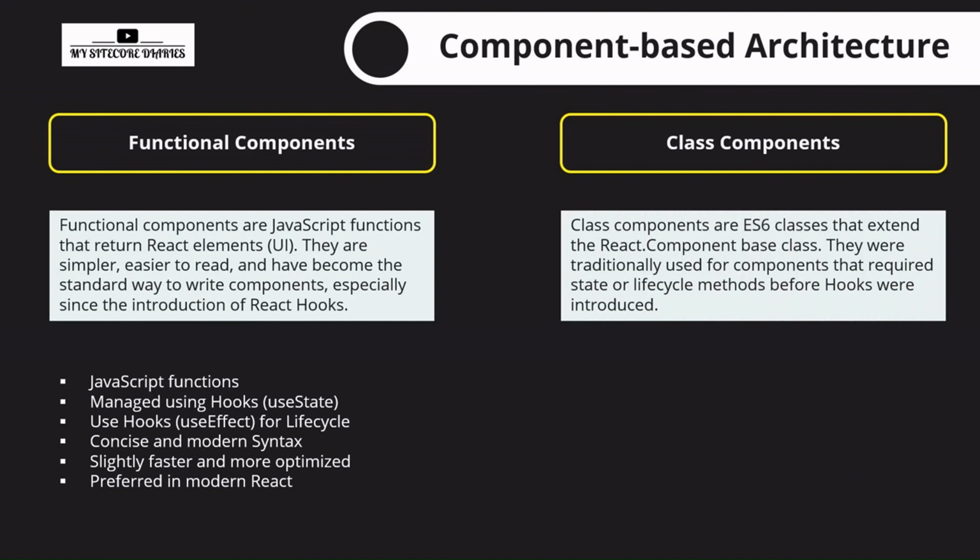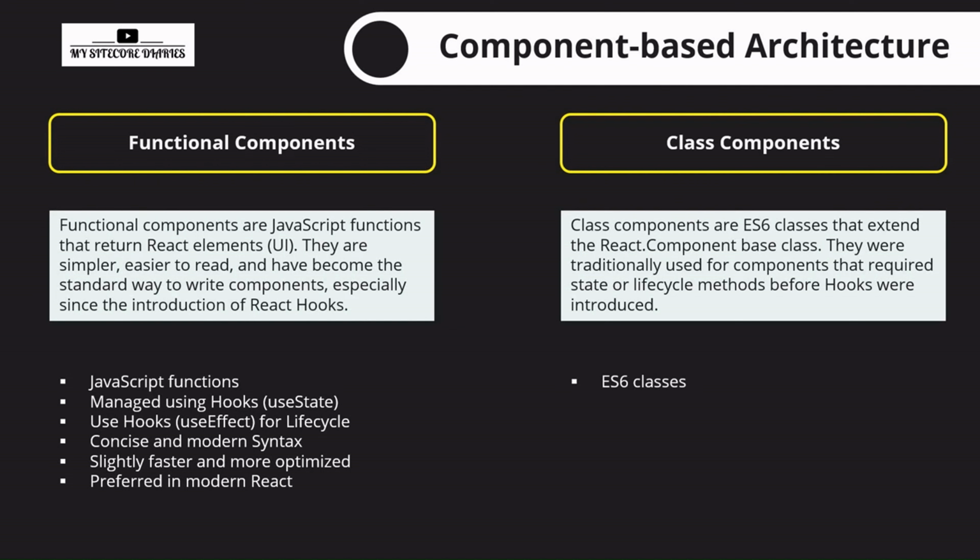Now let's talk about the class component. These are ES6 classes that extend the React component base class. These were the primary way to write a component that needed to manage state or lifecycle methods before hooks were introduced. So before hooks were introduced, this is how we wrote the code, which uses React.Component as a base class.